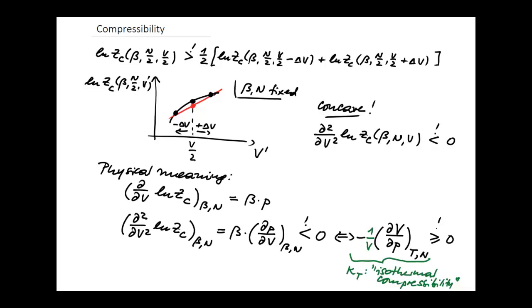So we find as a physical meaning here that the isothermal compressibility must be non-negative and finite. So here, in fact, we also have on the left-hand side another inequality, that this must be strictly smaller than infinity, that this must be finite.